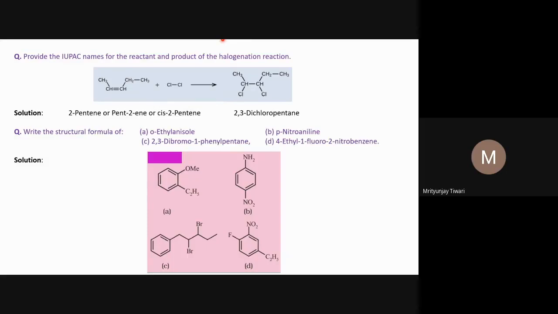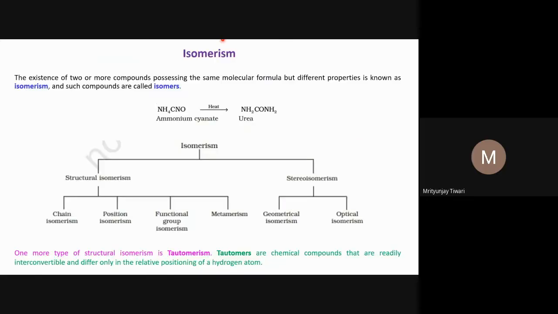But in a ketone, the carbonyl group is attached to two alkyl groups. So ketones and aldehydes can have the same number of carbons. Look at acetone, CH3COCH3. There could be another compound, CH3CH2CHO. Both compounds have the same molecular formula, but one is a ketone and one is an aldehyde, so different functional groups are there. That we call functional group isomerism.